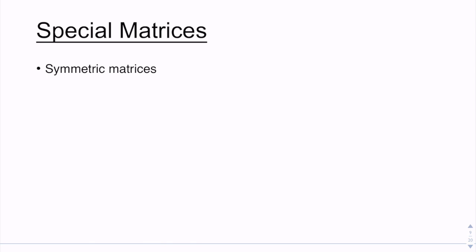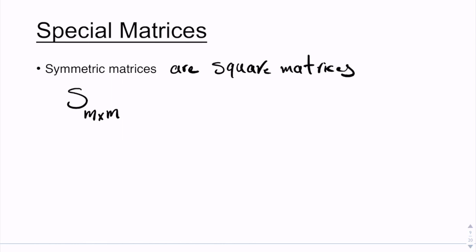Symmetric matrices are matrices in which the element i, j equals j, i. So let's say S is a matrix of dimension m by m. Symmetric matrices are square matrices.